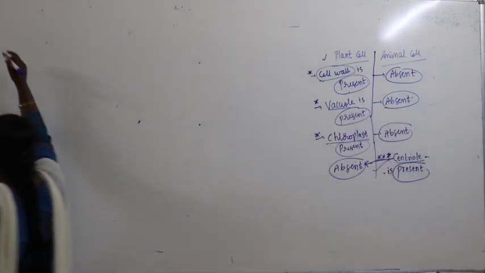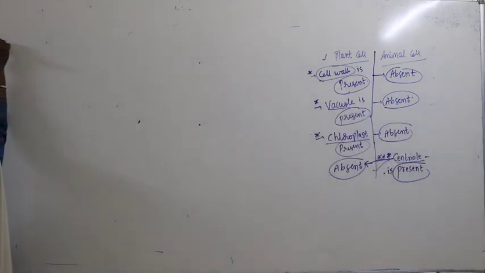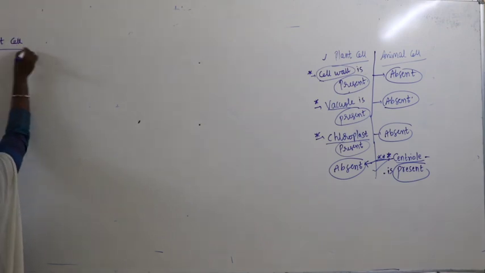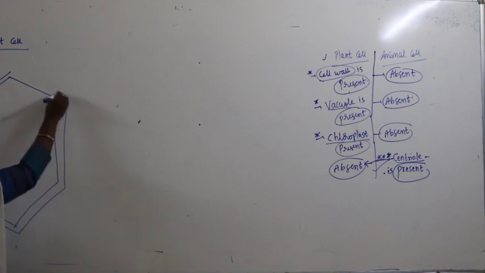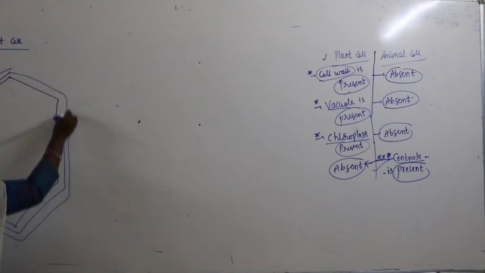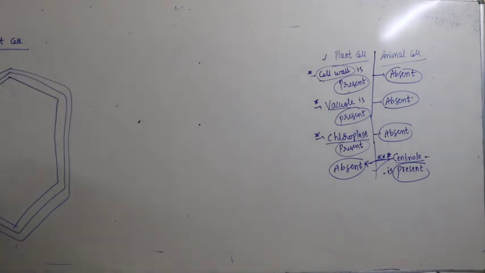So here let us talk about plant cell. If you look at plant cell, this is how we draw the plant cell. This is a plant cell.